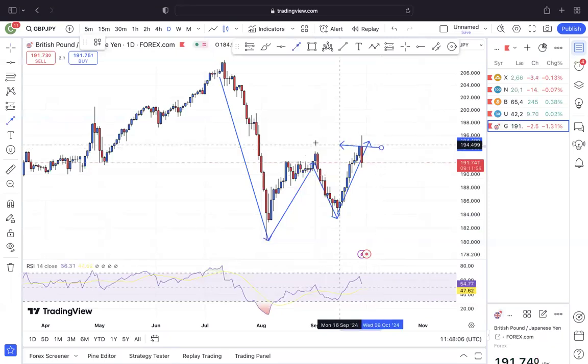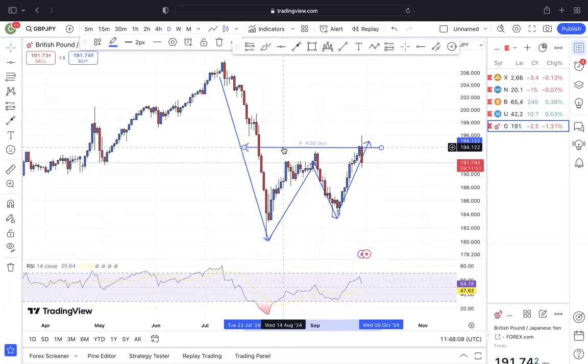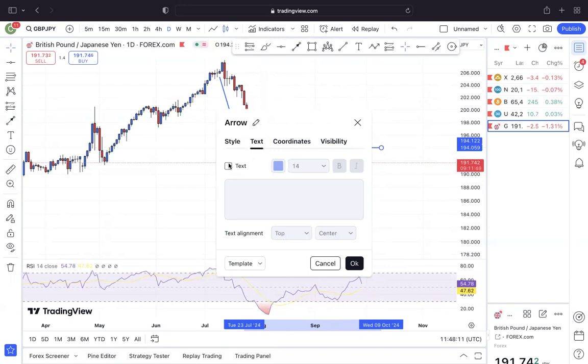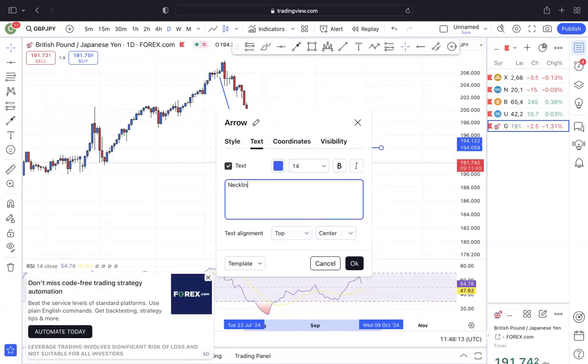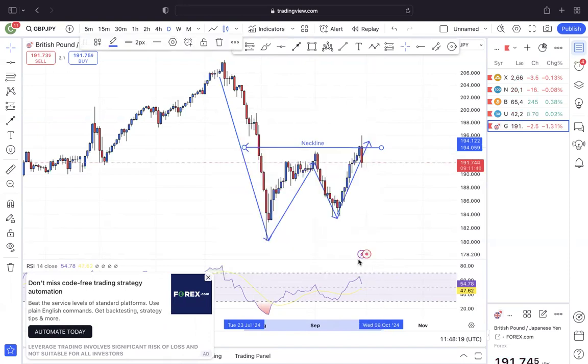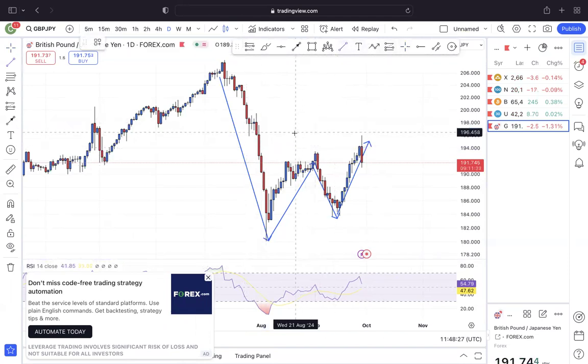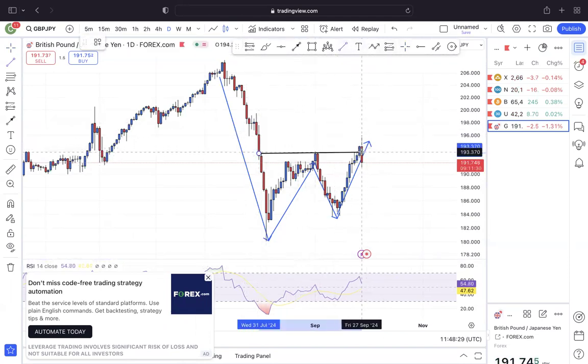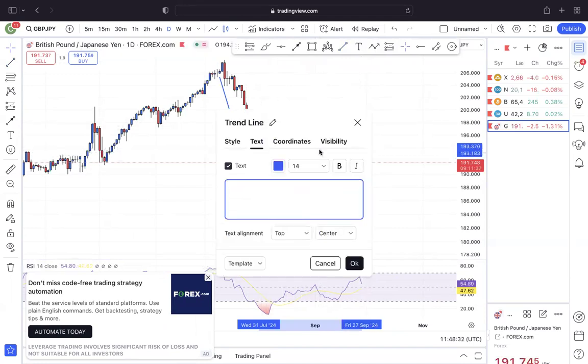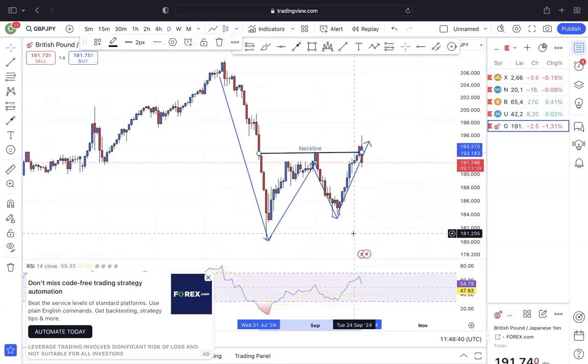So this key area is here, and this is called the neckline. So this horizontal line is called the neckline, like I just said, which is the highest point of the rebound.